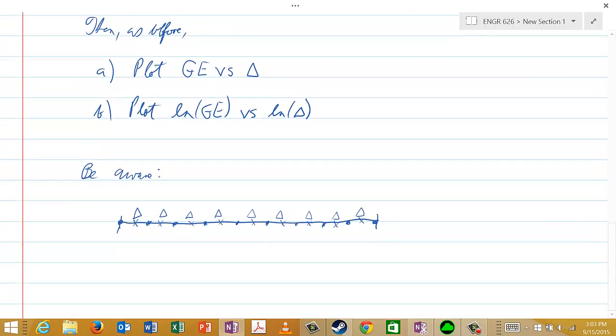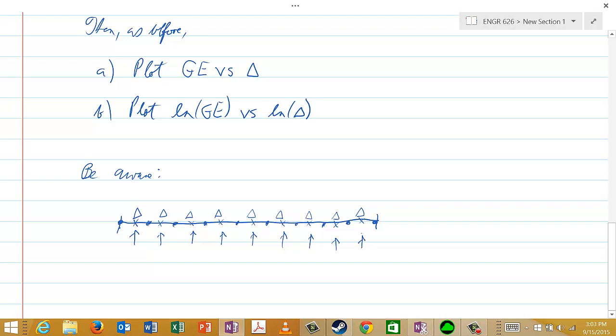You can only evaluate that at places where both solutions are defined. What I'm saying is that your original solution with spacing delta is not even calculated at these points labeled x. It's only calculated at the locations with the solid circles.